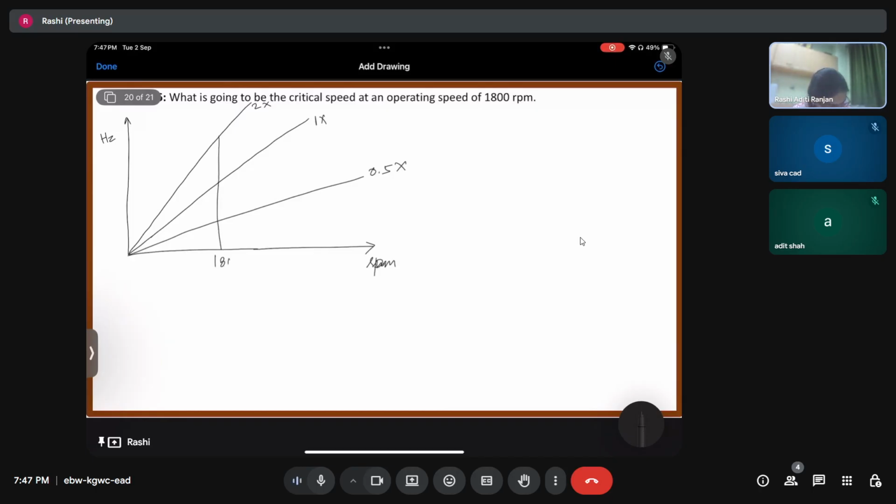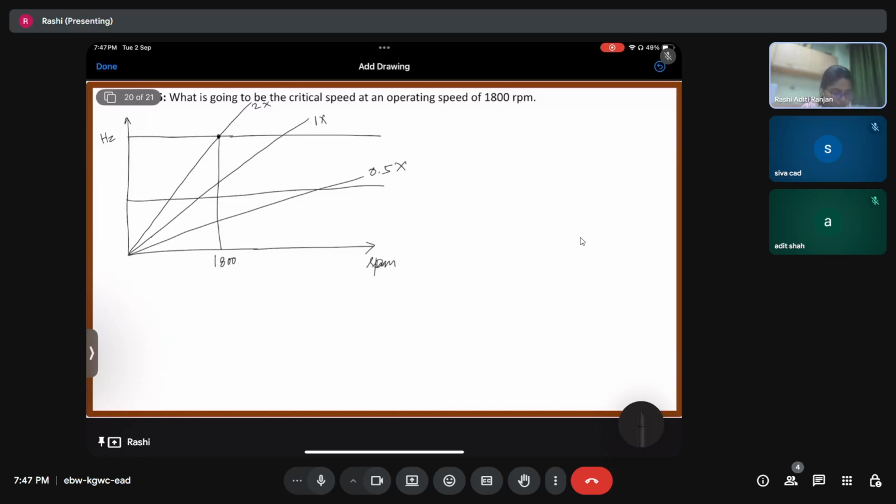We had 1800 over here, on the 2x diagram. So we have to find out the critical speed.